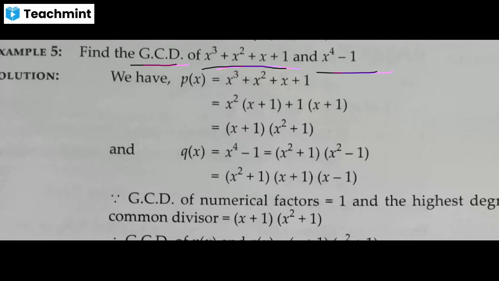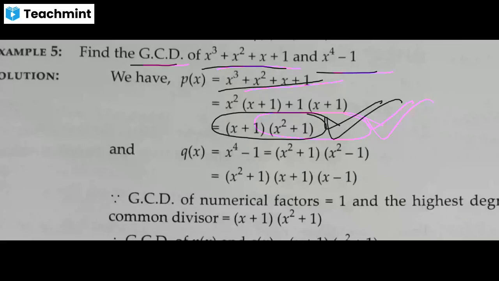Whenever you are given a polynomial, you must see to yourself whether you know how to factorize it or not. By just seeing the expression, you will be able to get some idea of how you can factorize.